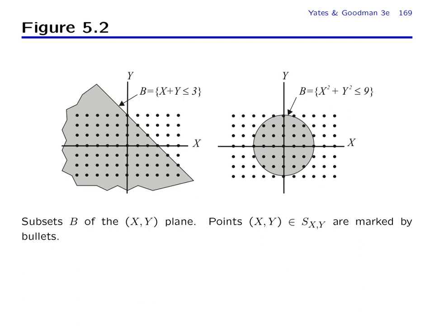For instance, if we have an event B such that x and y belongs to a certain set, for instance, the set B such that x plus y is less than or equal to 3, or the set that x and y belong to a ball of radius 3 around the origin, you can calculate the probability of B by simply adding up the probabilities of all the points in the set B. To do that, you just add up all of the PMF points that have non-zero probability that are in the set B.